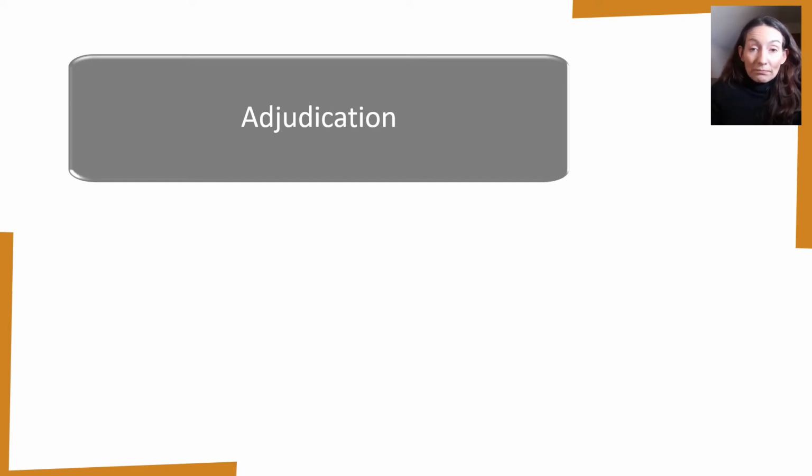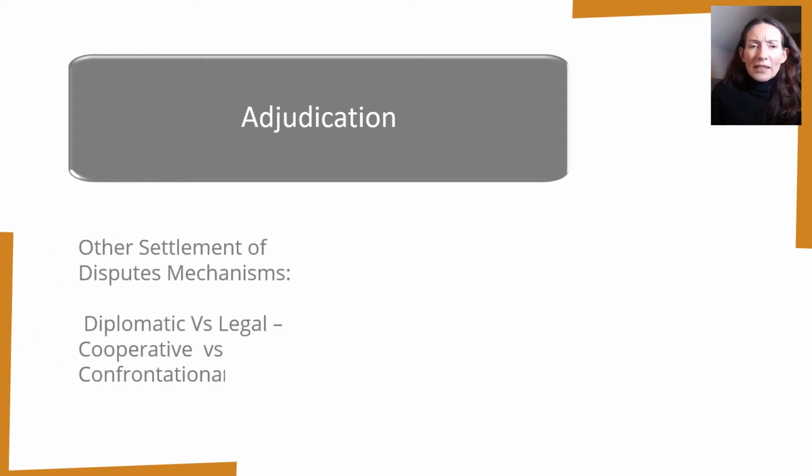However, as I have already explained, a key characteristic that tends to distinguish between settlement of disputes that are categorized as political rather than legal is the attempt to find a friendly solution, a compromise.